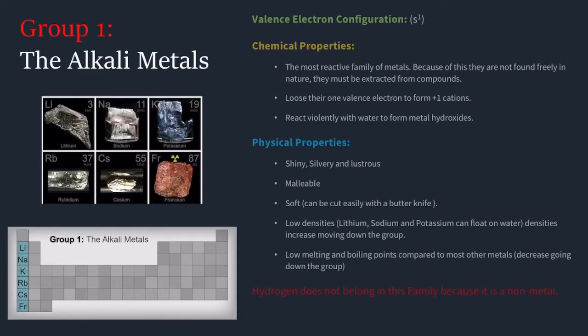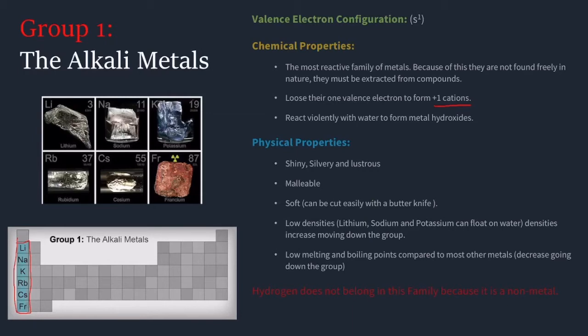These metals, everything in group 1, they tend to lose their 1 valence electron and form +1 cations when they're undergoing a chemical reaction. And so if we take a look over here, here's our group 1 elements. We've got lithium, sodium, potassium, rubidium, cesium, and francium. These all react very violently with water to form the metal hydroxides.